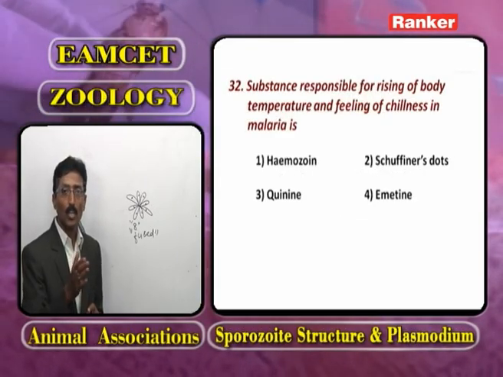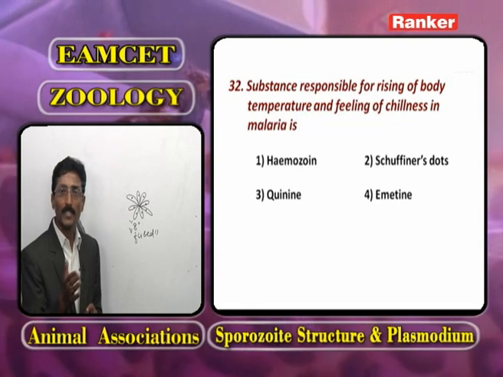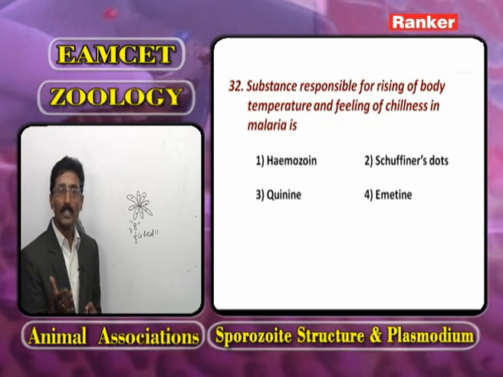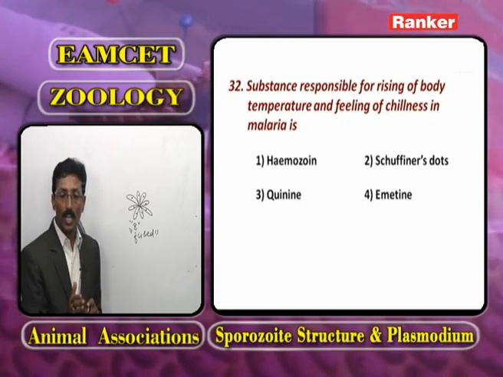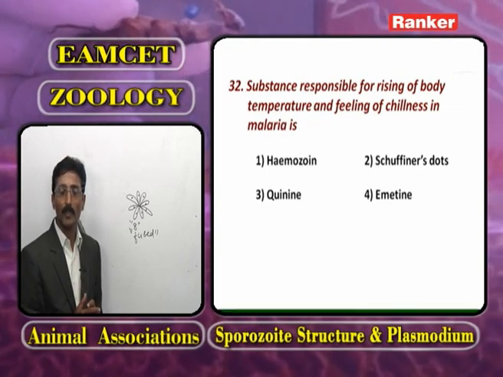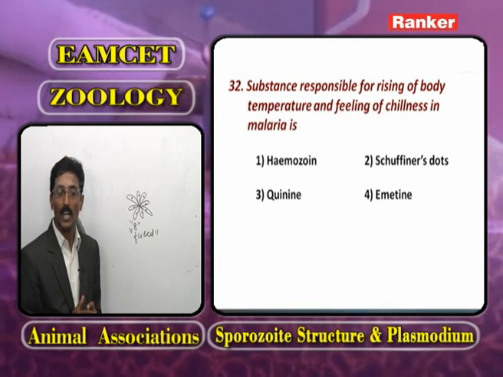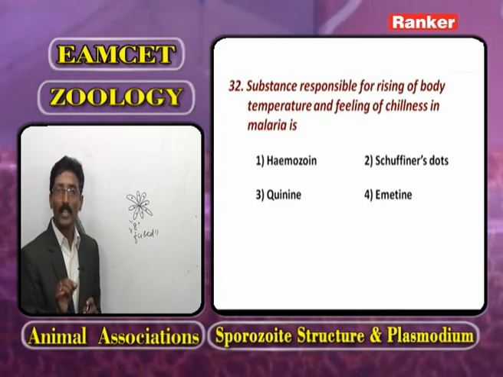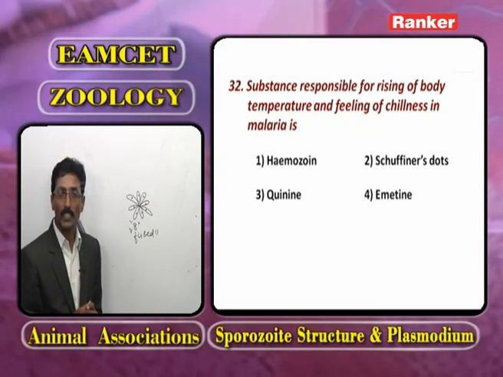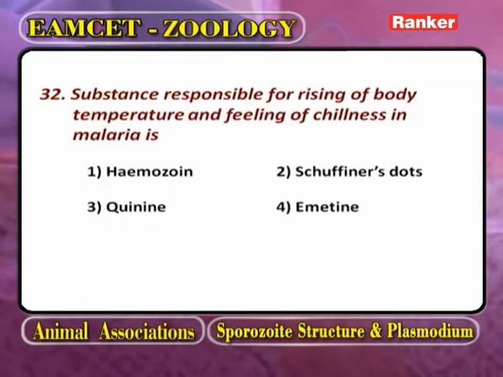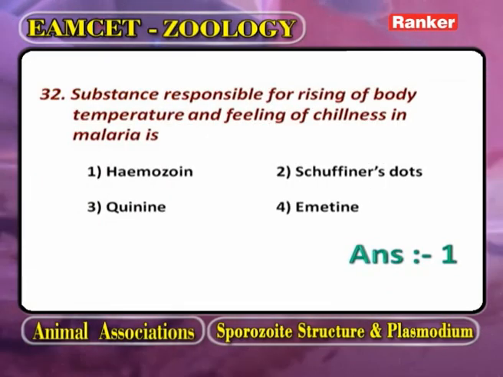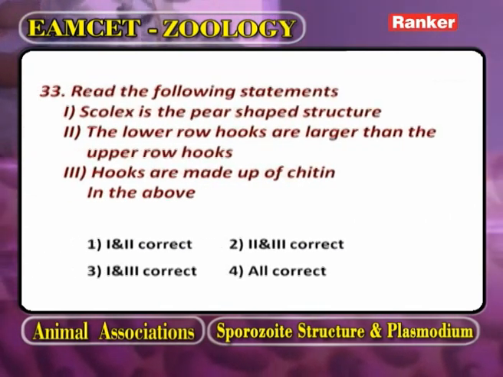One symptom is the cold stage, one is the hot stage, and one is the sweat stage. Based on this information, the options are haemozoin granules, Schüffner's dots, quinine, amidine. The correct answer is haemozoin granules. Now we move to the next question.